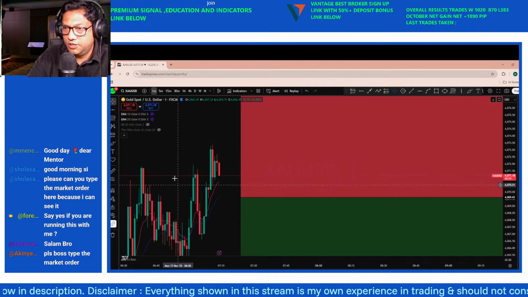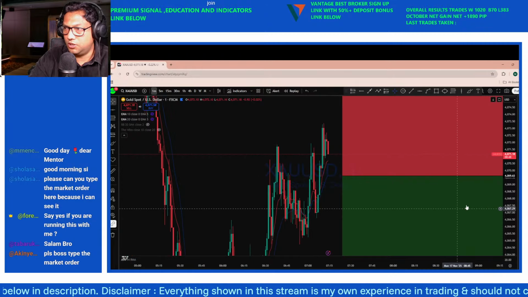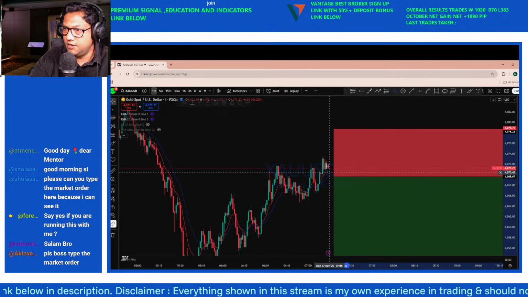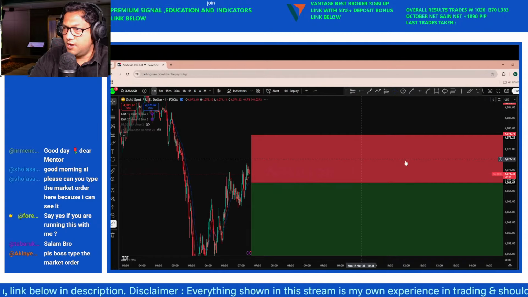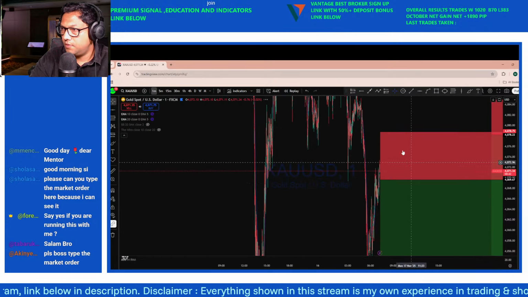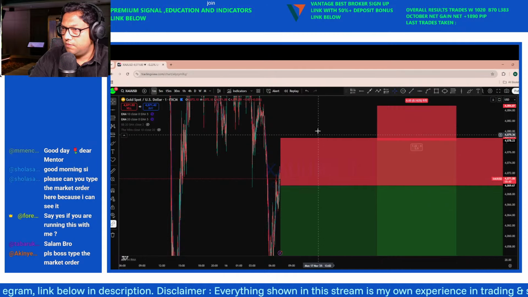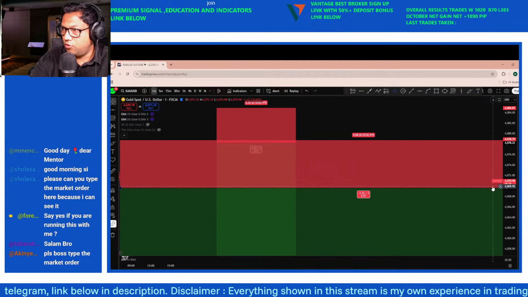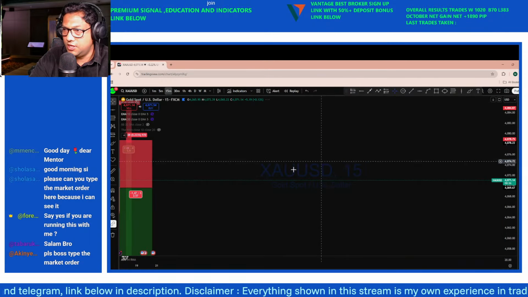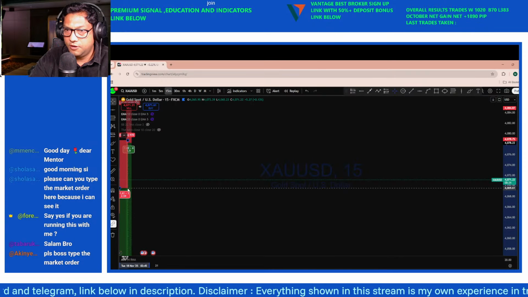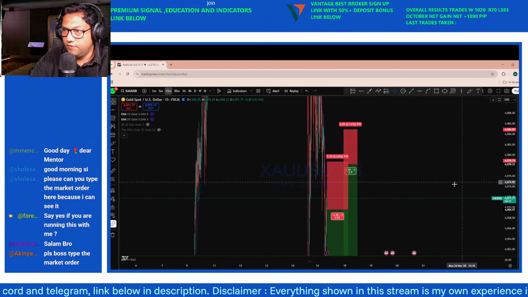With the doji here, the market structure may be rearranging in that area, and I'm really looking forward to this trade to see how far it might be rearranging itself.